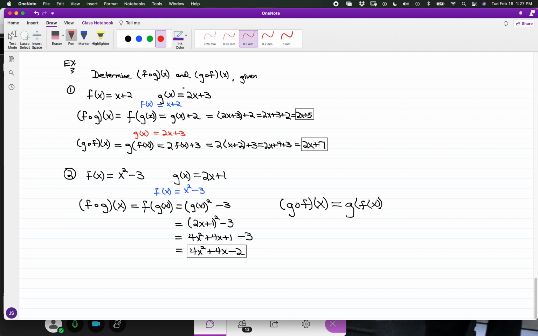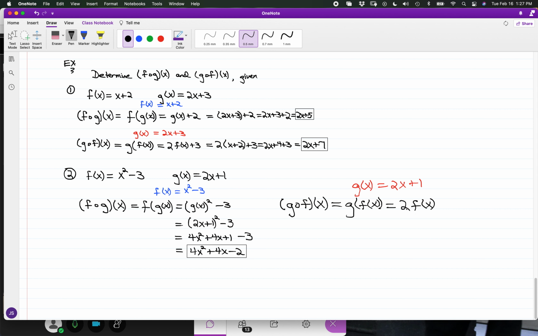And again, the setup is going to be in accordance with g of x. So again, you have g of the input is equal to 2 times the input plus 1. For the composition, g of the input is equal to the input. What is the input? It is going to be f of x.